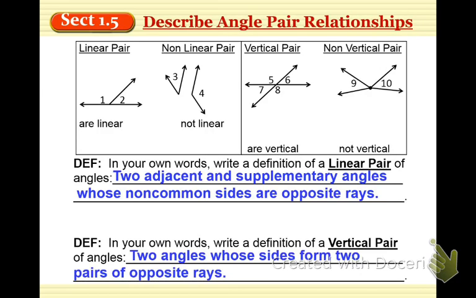Now, a nice, quick, easy way to find vertical pairs is you're looking for any two lines that form a nice X, a perfect X.